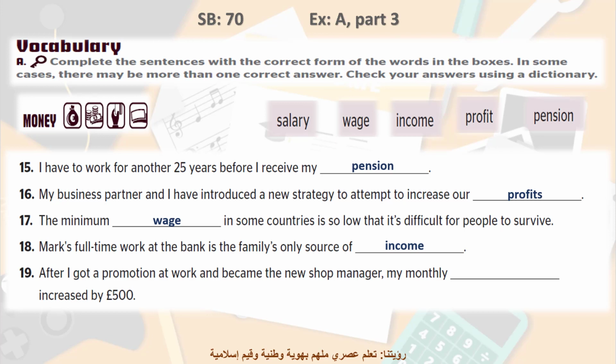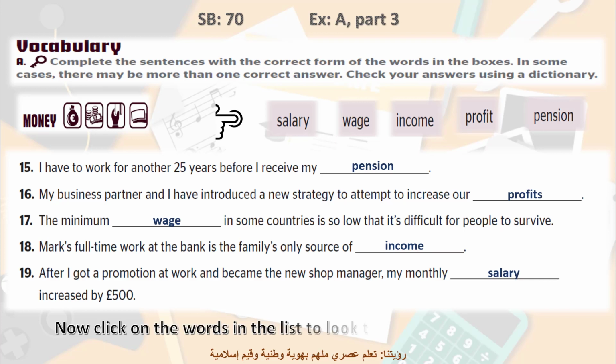After I got a promotion at work and became the new shop manager, my monthly salary increased by 500 pounds. Now it's time for the last time for today to click on the words in the list above to look them up in the dictionary. Let's go.